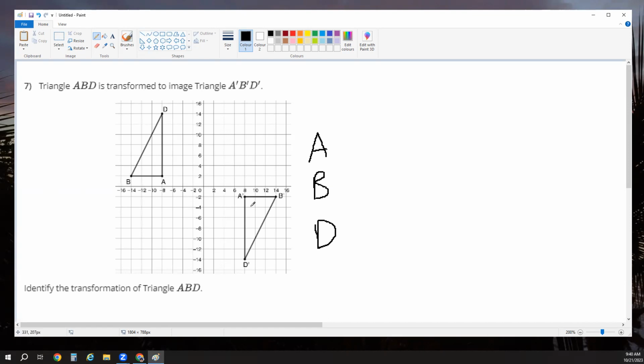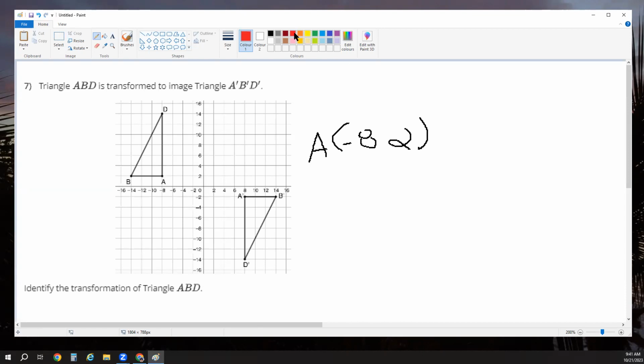I don't even need all 3 of these. I just need one. Let's pick a point that doesn't share the absolute value for the x and y coordinate, because that would make things complicated. All right, so let's pick A. A's x coordinate is -8. Y coordinate is 2.